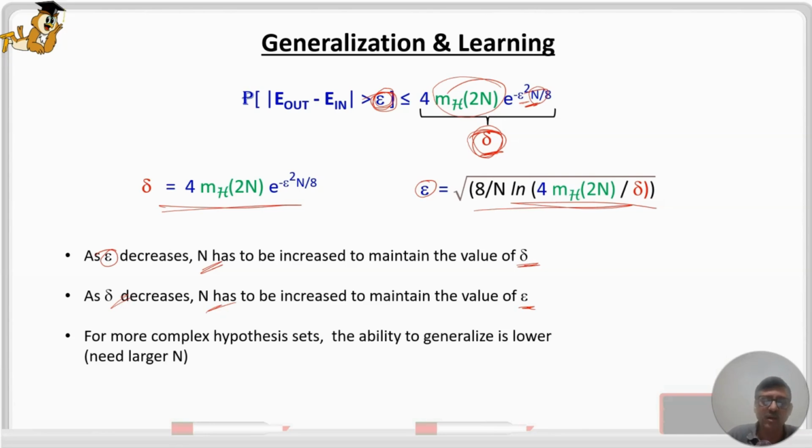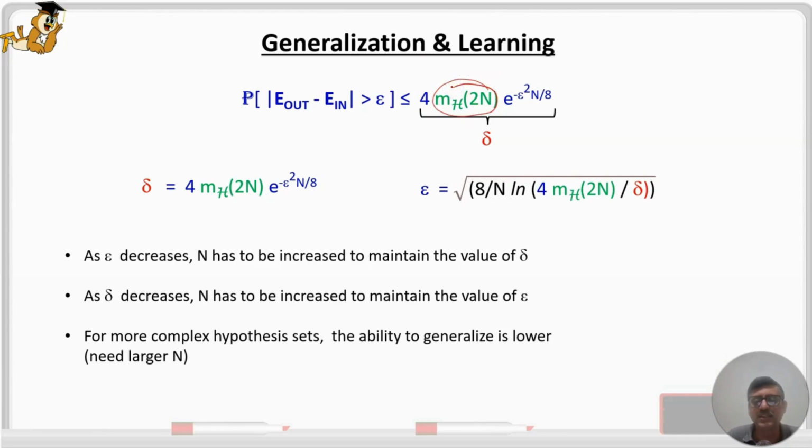Very important: for more complex hypothesis sets, the ability to generalize is lower. You need a larger n. Let's understand this. Like I said, this is your delta, and your objective is to minimize delta as much as possible. Your delta contains this term over here, which is the growth function.